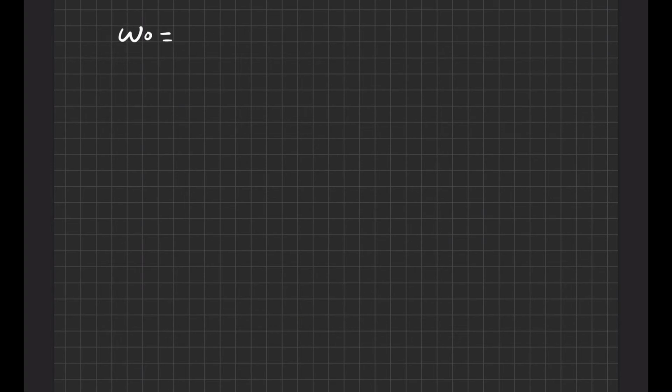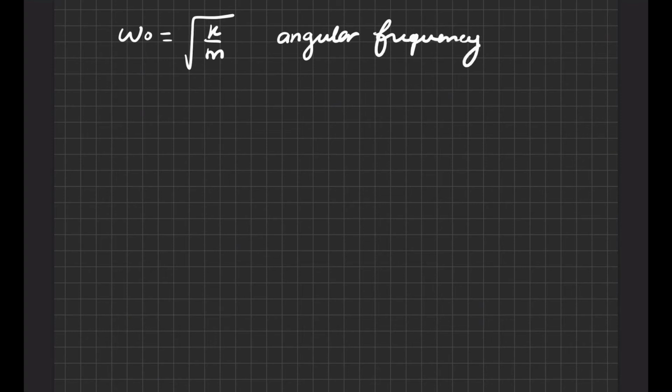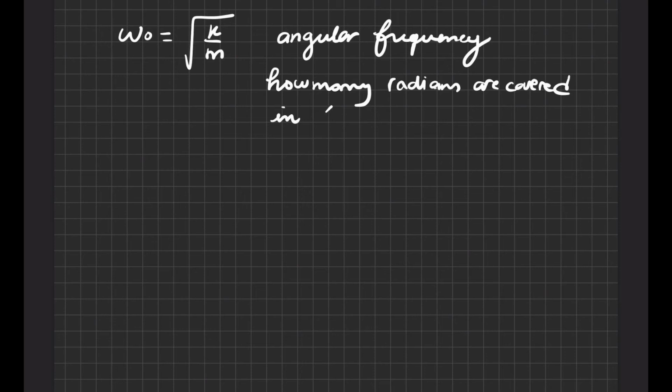First, we know that omega 0 equals radical k over m, and it is called the angular frequency. The angular frequency, by definition, is how many radians are covered in 1 second.